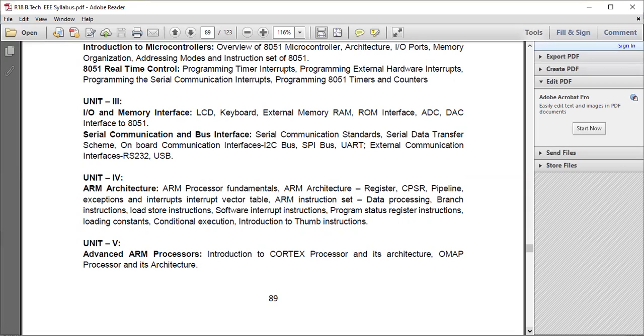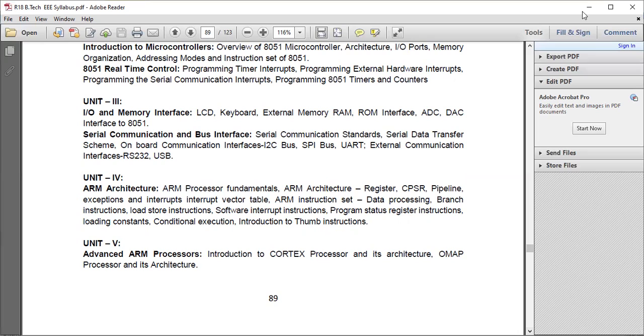All these processors we will discuss in unit 5. So totally our MPMC microprocessor and microcontroller subject is divided into 5 parts. First part is microprocessor, second part is microcontroller, third part is interfacing, and fourth and fifth parts are about ARM architectures and ARM processors.